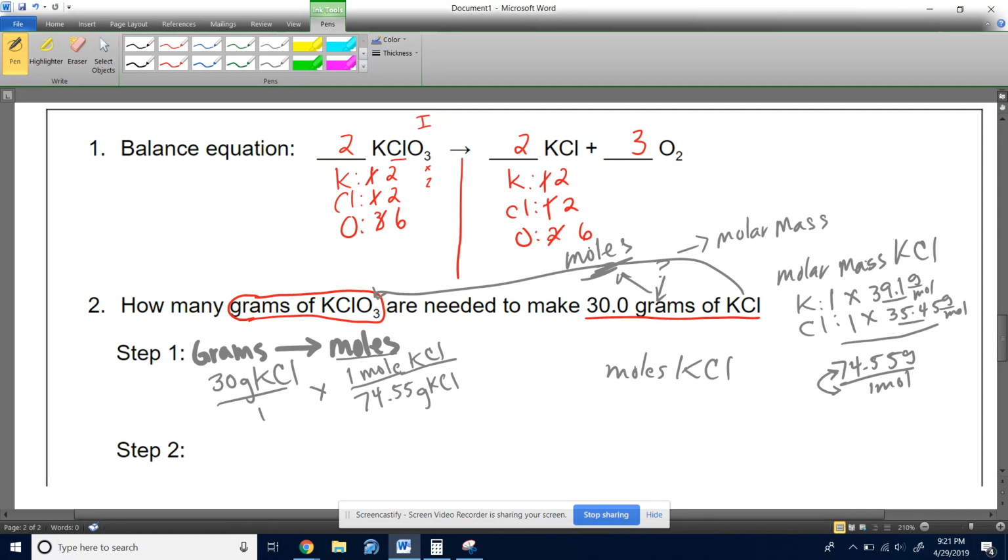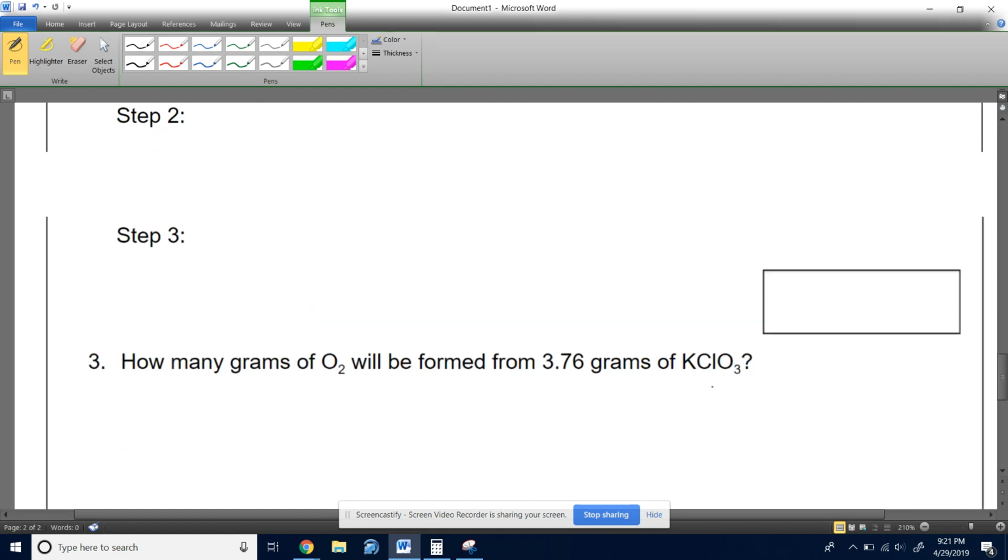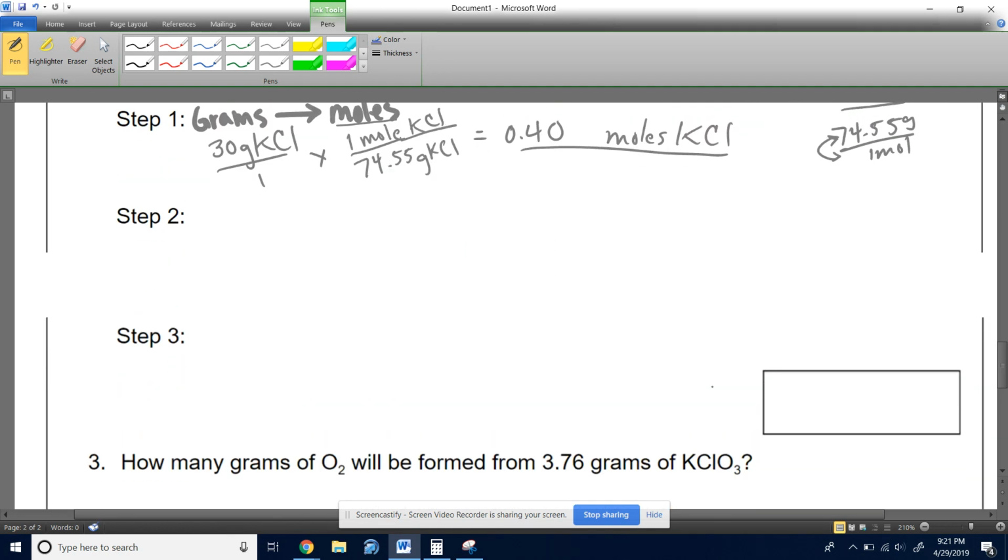Okay, so this gives us 0.40 moles of KCl. Okay, and that's perfect. That's exactly what we want. All right. Now we can use this value for step 2. Okay, so let's go ahead and scroll up a little bit.